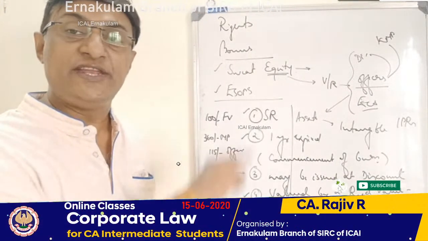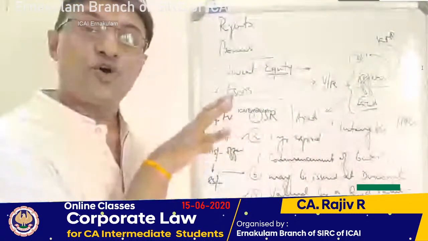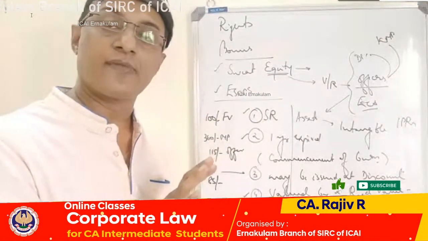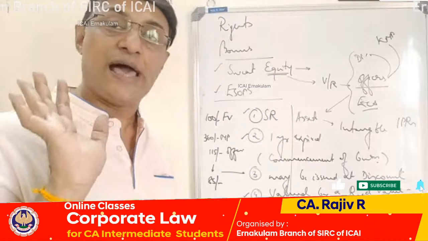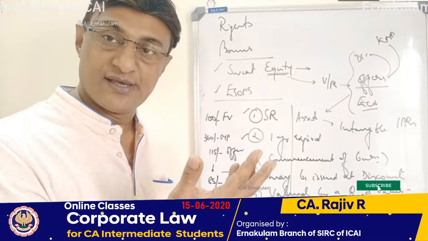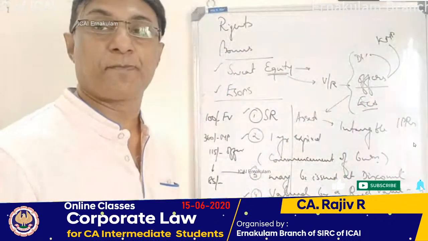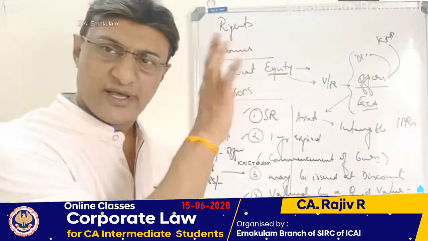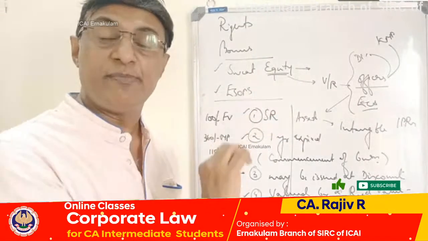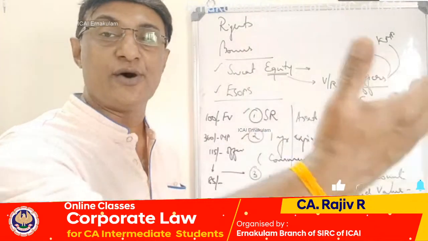So issuing sweat equity shares at a discount will ensure that the supplier of the patent or the copyright is also happy. He gets more number of shares, for which the market price is pretty high. So the same principle as our good old theoretical ex-rights fair value. The calculation based on which a shareholder decides whether to accept or reject or renounce an offer.